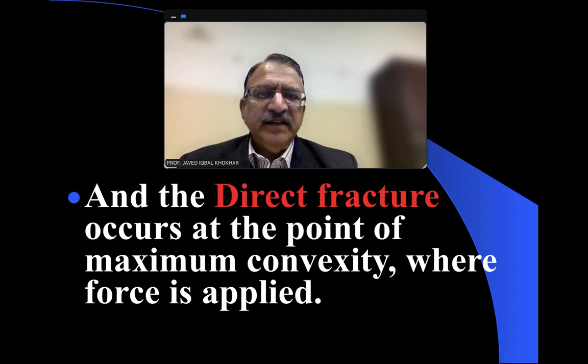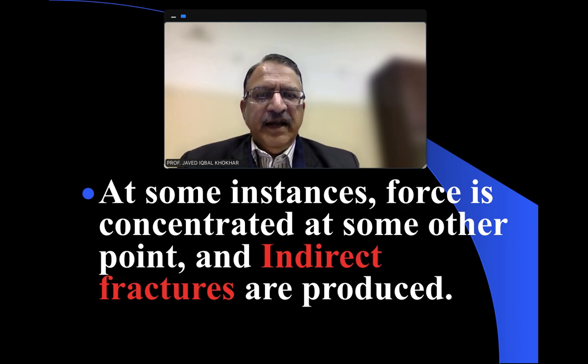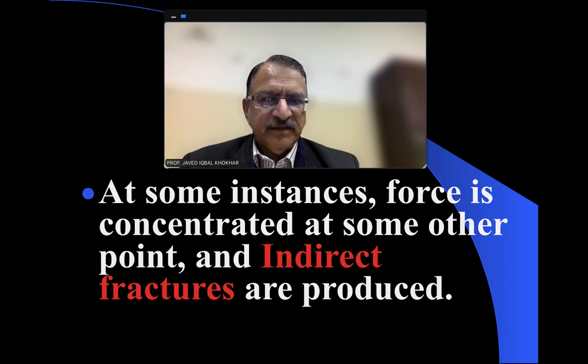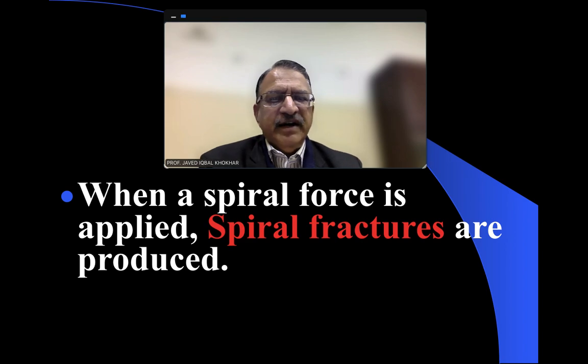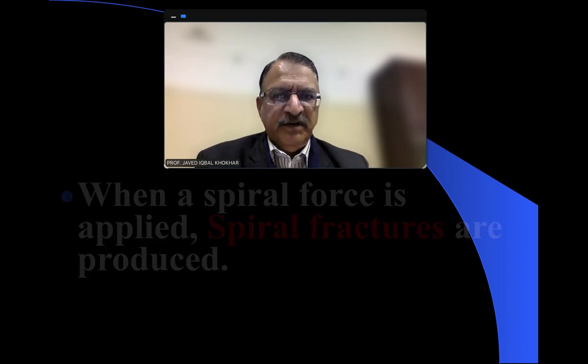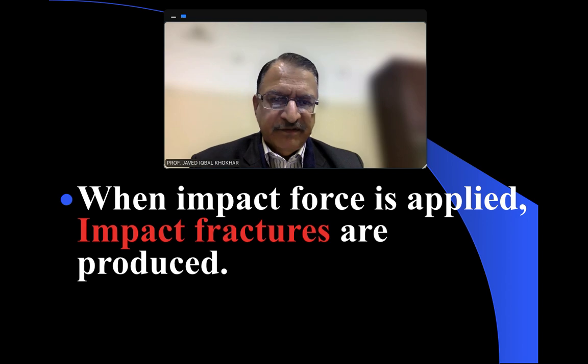And this will be either a direct fracture at the point of maximum convexity where the force is applied. And in some instances, the force is concentrated at some other point, and that will cause indirect fractures. When a spiral force is applied, then spiral fractures will appear. When an impact force is applied, then it will cause impact fractures.